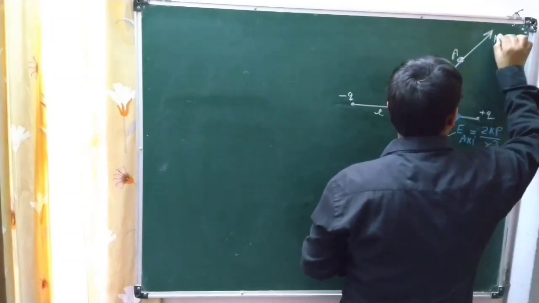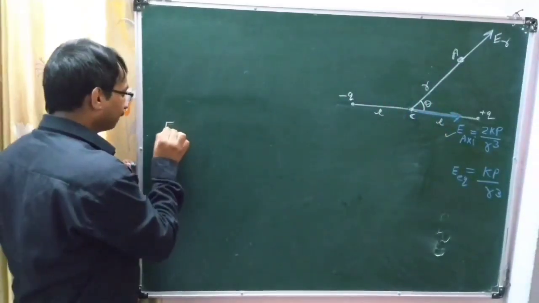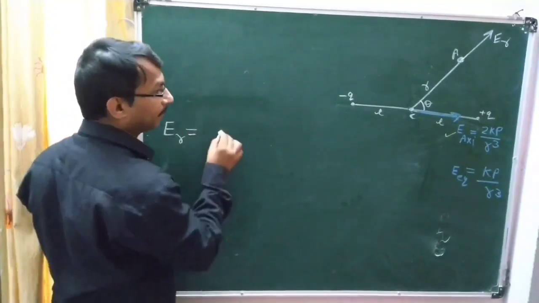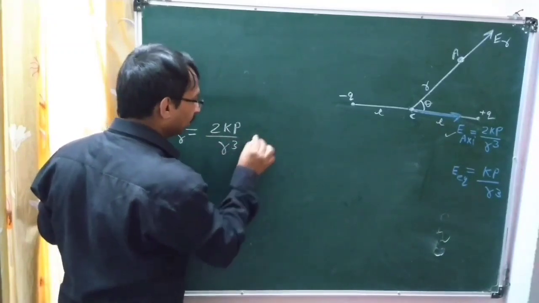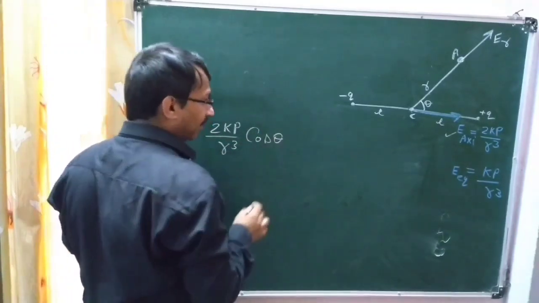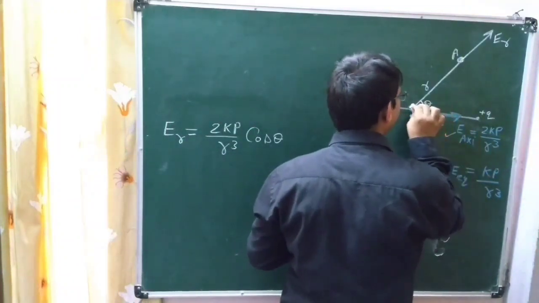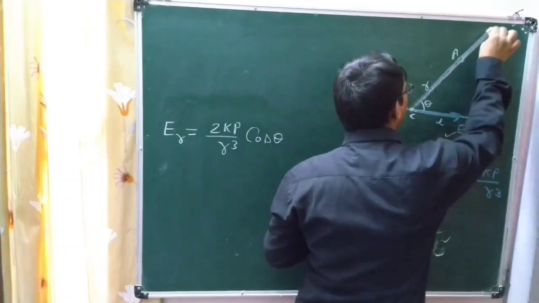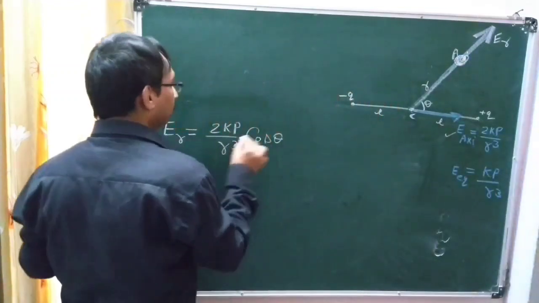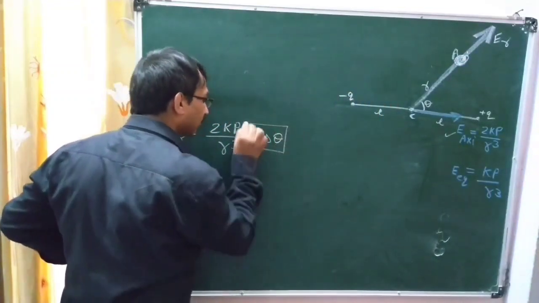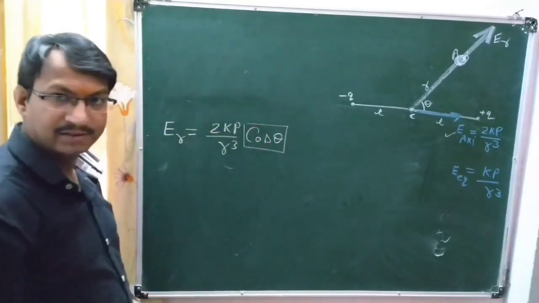It will be ER, and ER will be 2kp upon r cube into cos theta, because it is the cos component of the axial field intensity.